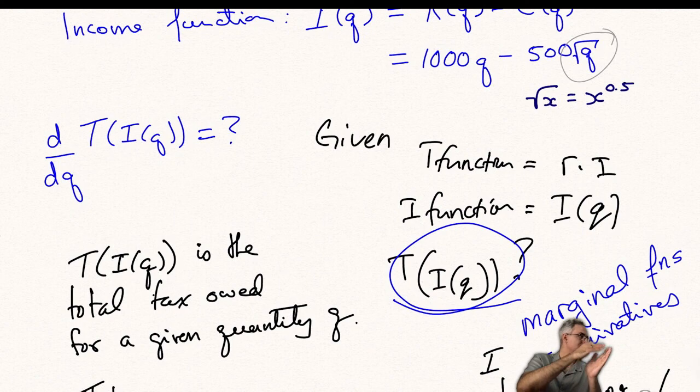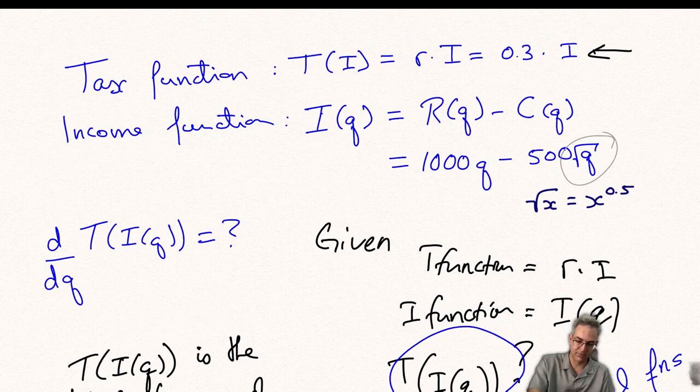When someone asks you, what will the difference be, or how will this change depending on how something else changes, then your mind should immediately go, aha, I need a derivative. Now, in your mind, you're doing the operation of differentiation. Sometimes you actually have the functions written down.